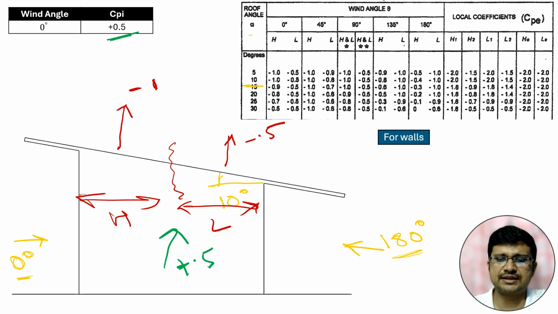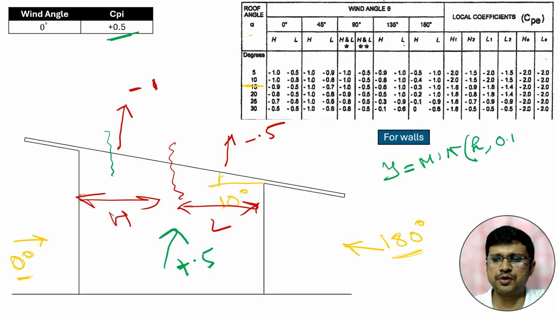Now we have to consider the local coefficient also. Local coefficient is very important. The local coefficient is applicable when y equals the minimum of H and 0.15 W. For our case H is 15 and 0.15 W is 3.75, so the value will be 3.75.